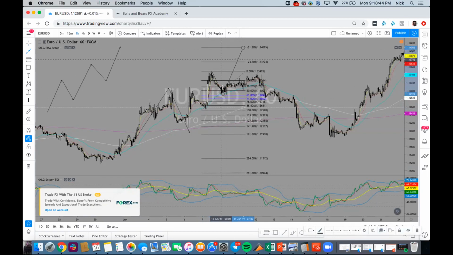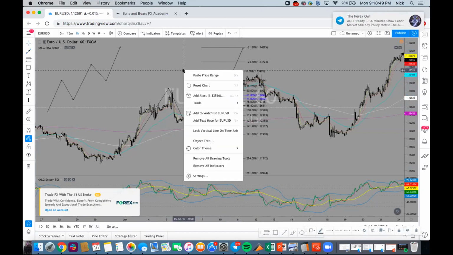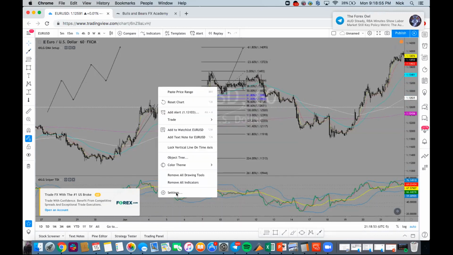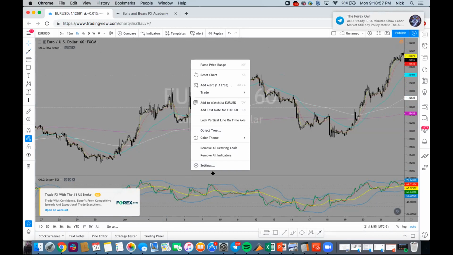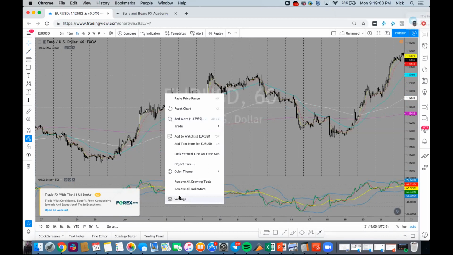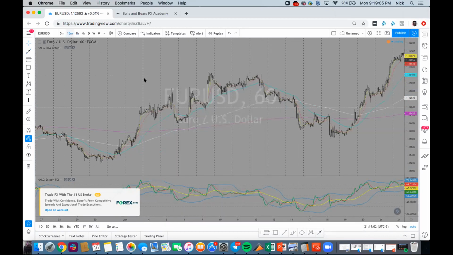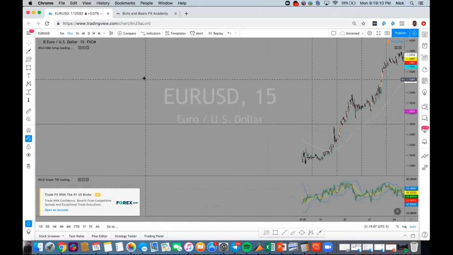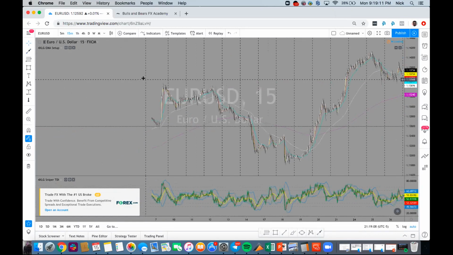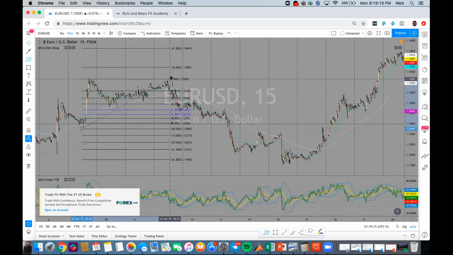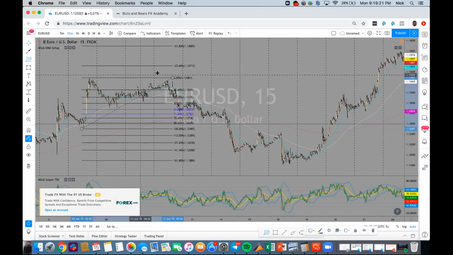But instead, people bought right here, and then they held this level for 1, 2, 3 days.